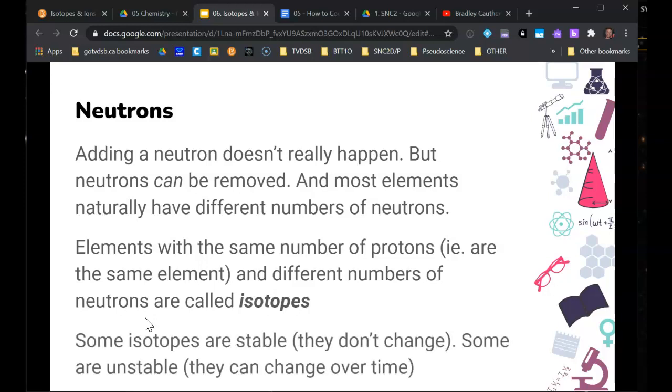Now, some isotopes are stable. In other words, they can have a certain number of neutrons and they always stay that way. The number of neutrons doesn't change, but some are unstable. And in unstable elements, the number of neutrons can change.